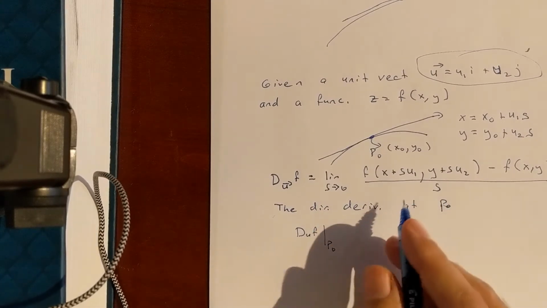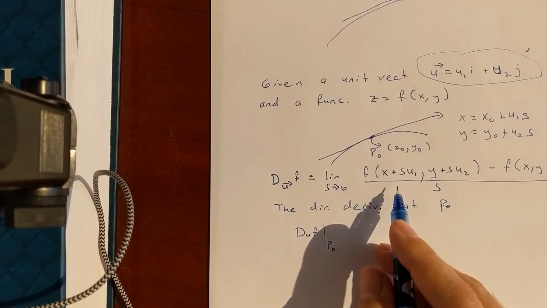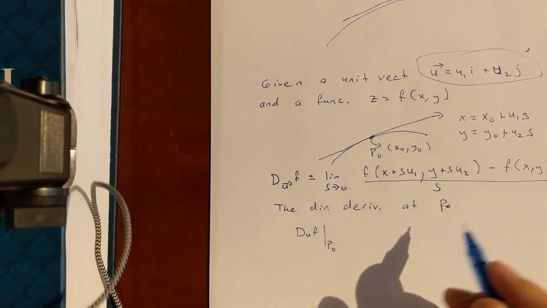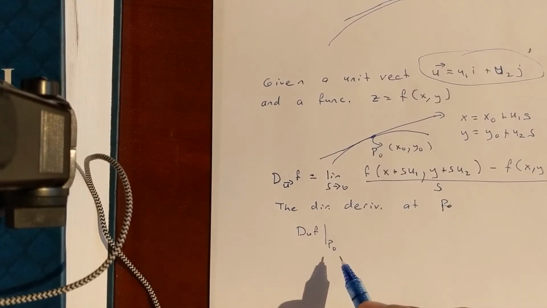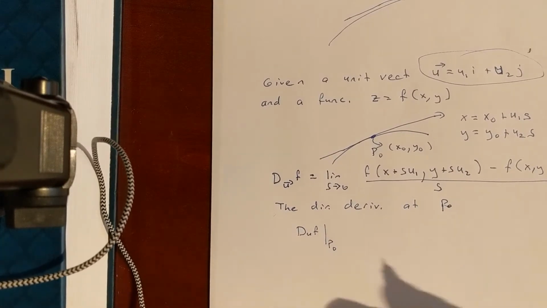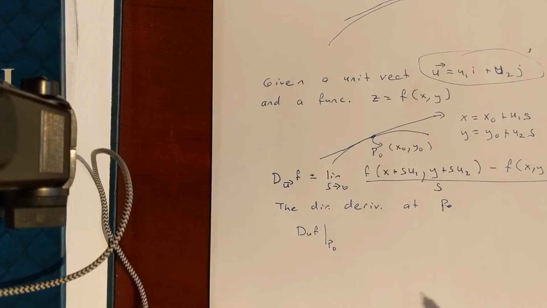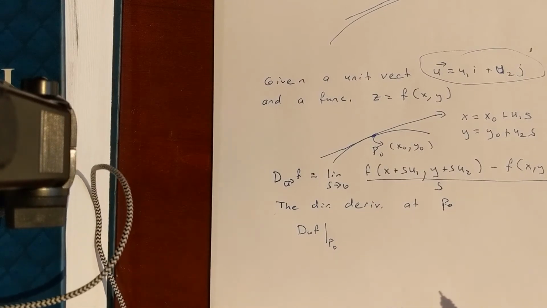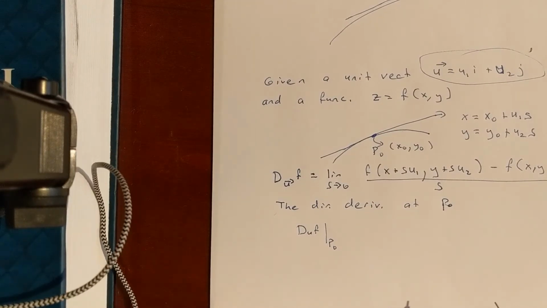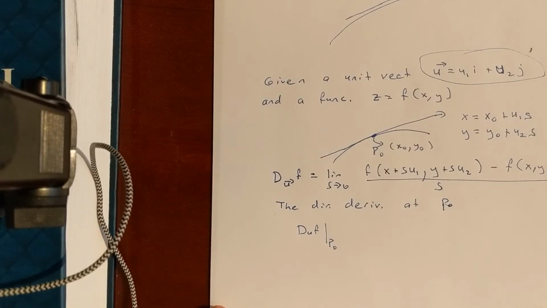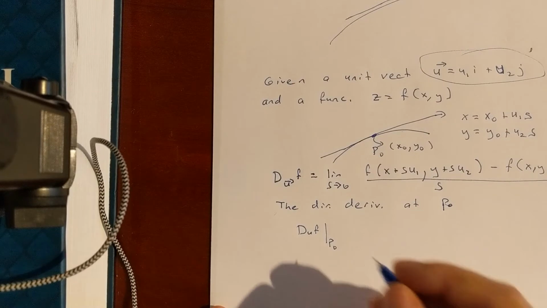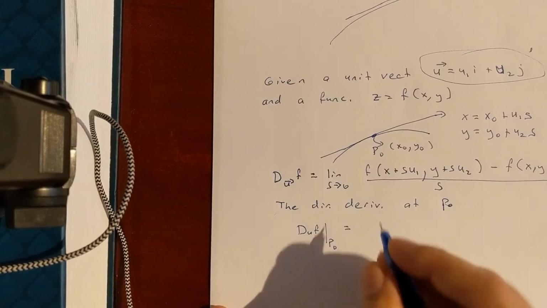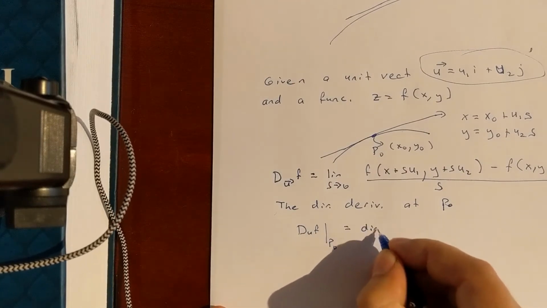At the end, you're going to get a formula in x's and y's, and you just plug in the point p naught. And remember, the limit might not exist. If the limit exists, the directional derivative is going to exist. If it doesn't, it doesn't exist.